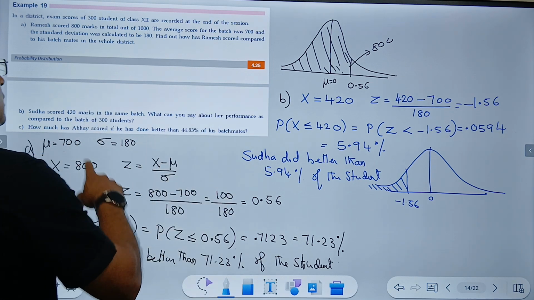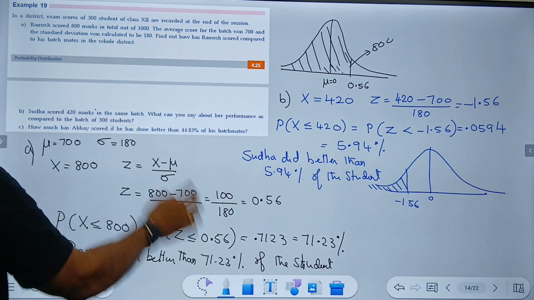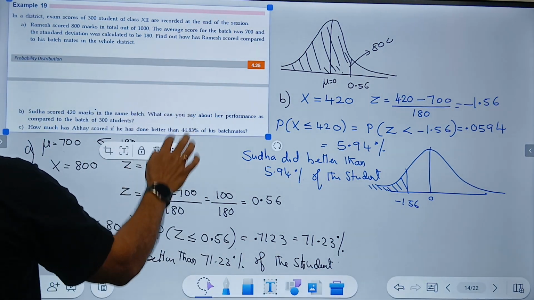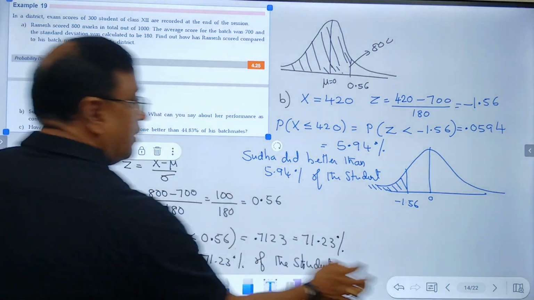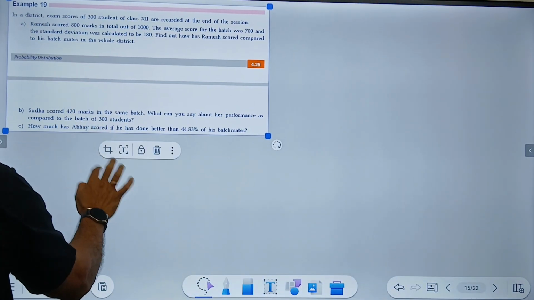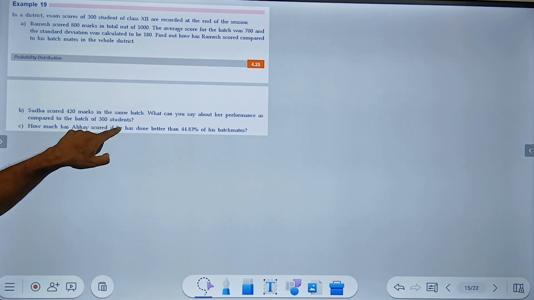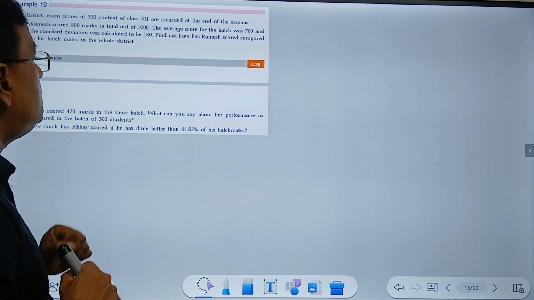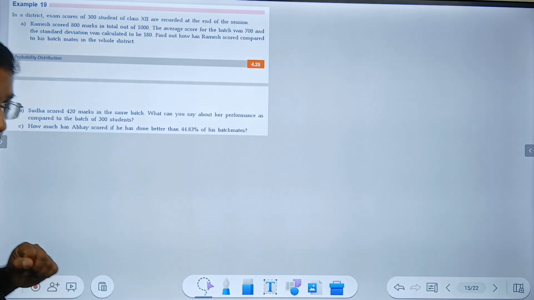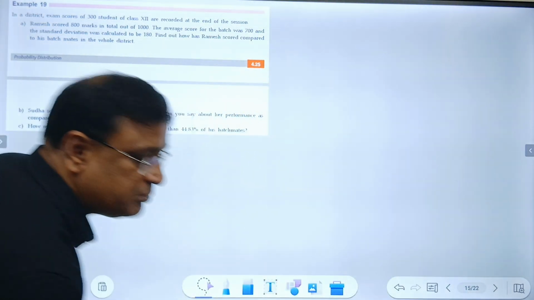Okay. Now the next part of the question is a little interesting. Let me take this question. This is the question. How much did Abe score if he has done better than 44.83% of his batchmates?